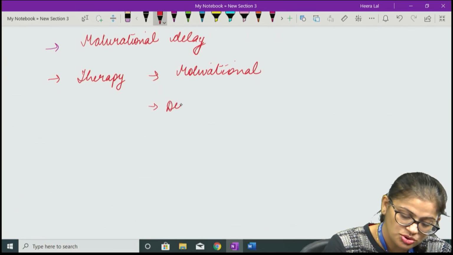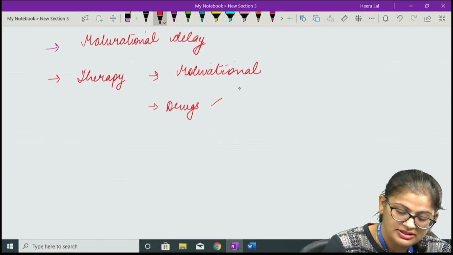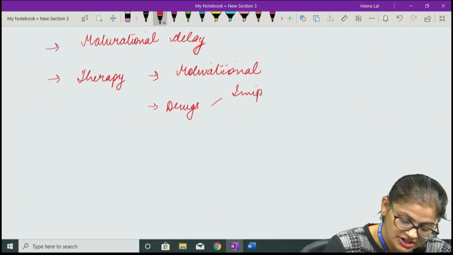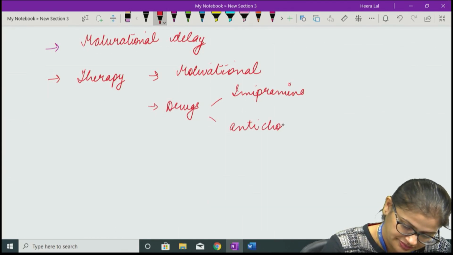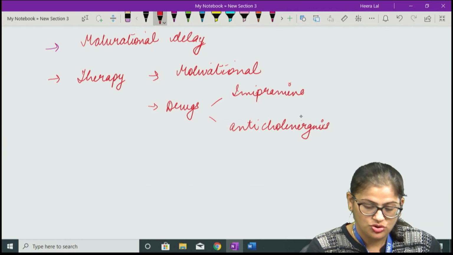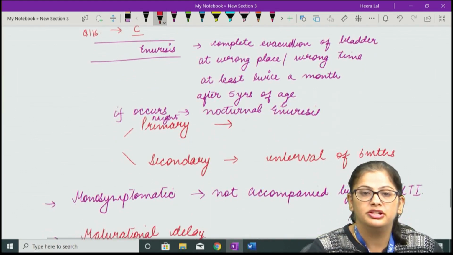Certain drugs have also been used in the treatment, and amongst the common ones that are used are imipramine and anticholinergics. So this was about nocturnal enuresis.